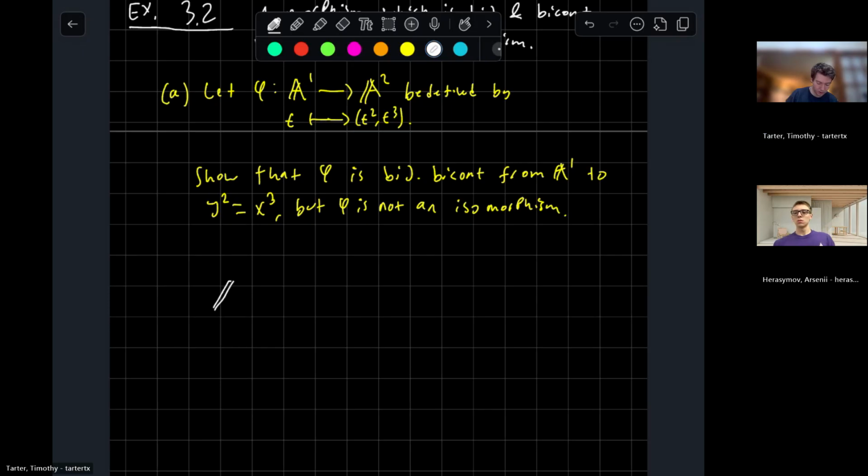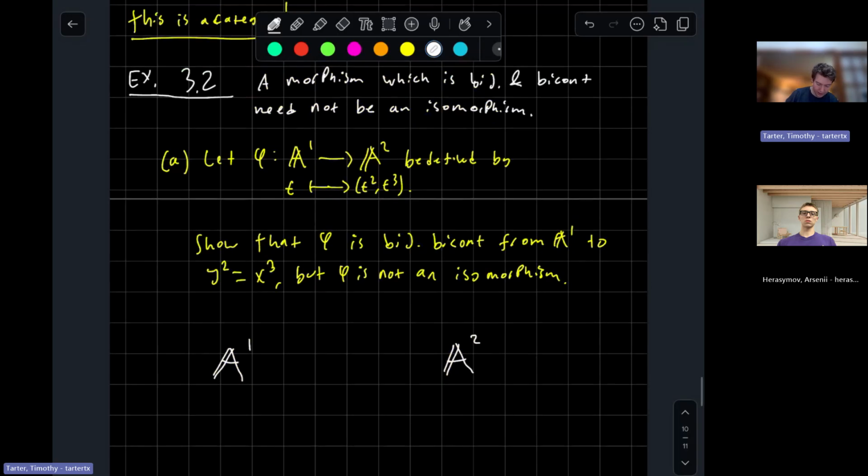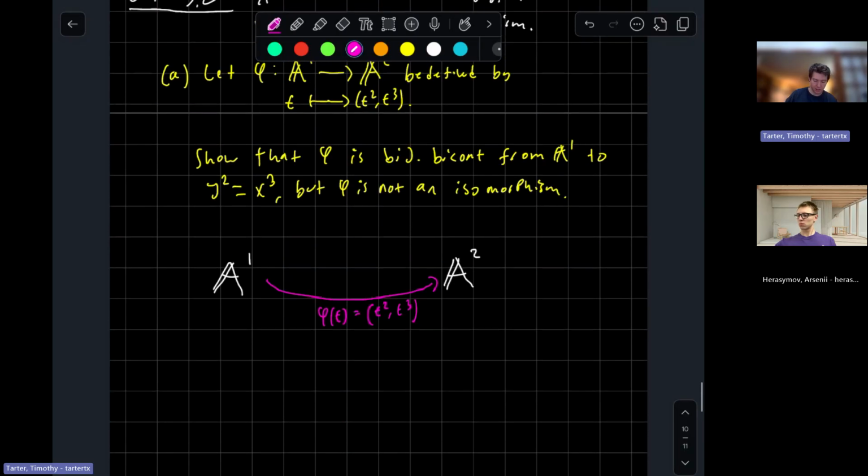So if we have A1, we have A2, we're letting phi be the morphism that phi of t is equal to t squared, t cubed.